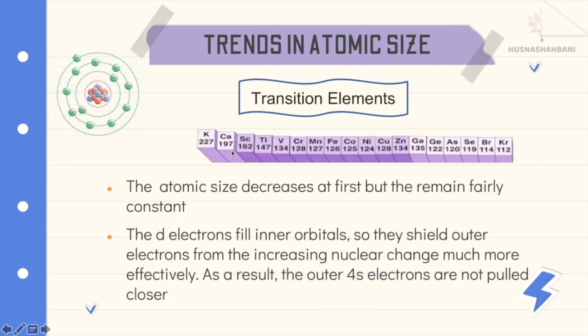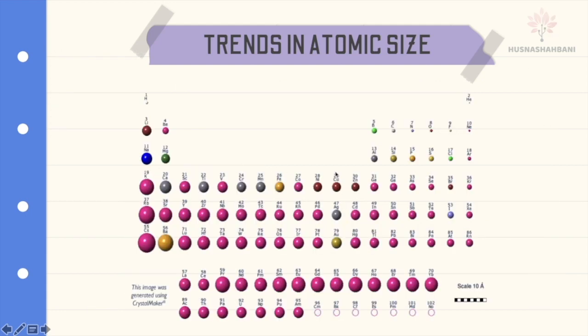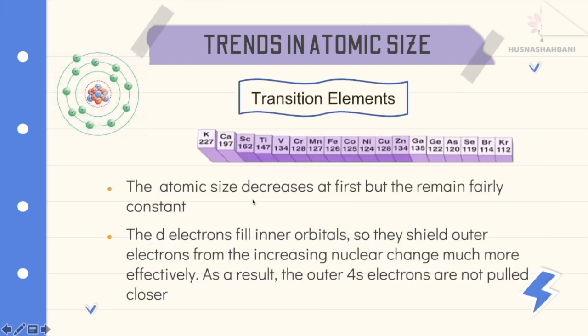In transition elements, group 3 to group 12, the atomic size decreases at first but then remains fairly constant. The d electrons fill inner orbitals, so they shield outer electrons from the increasing nuclear charge much more effectively.